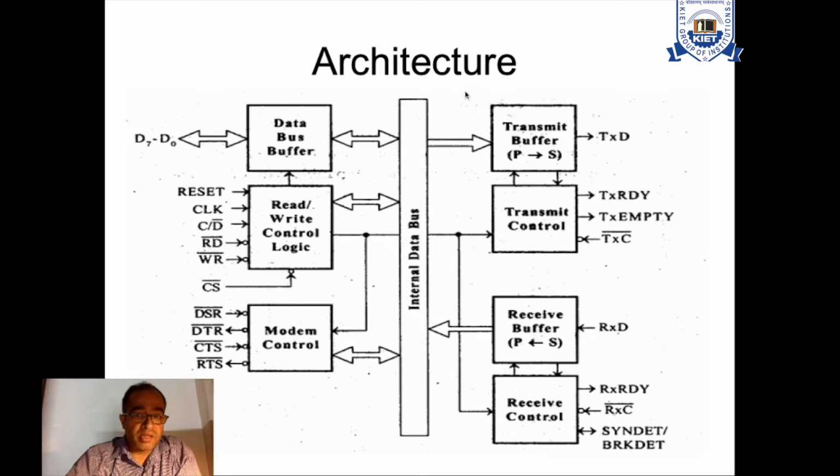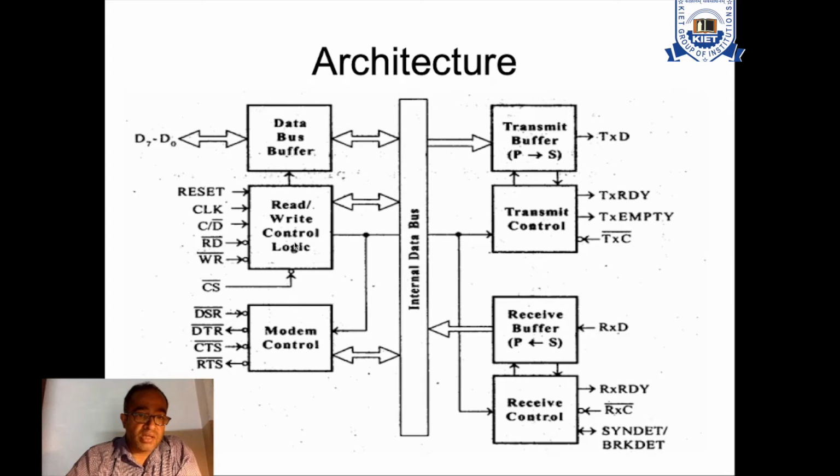Let me explain exactly what happens in this architecture. To start with, this is the read and write control logic, which helps the USART, the Universal Synchronous Asynchronous Receiver Transmitter, the 8251.